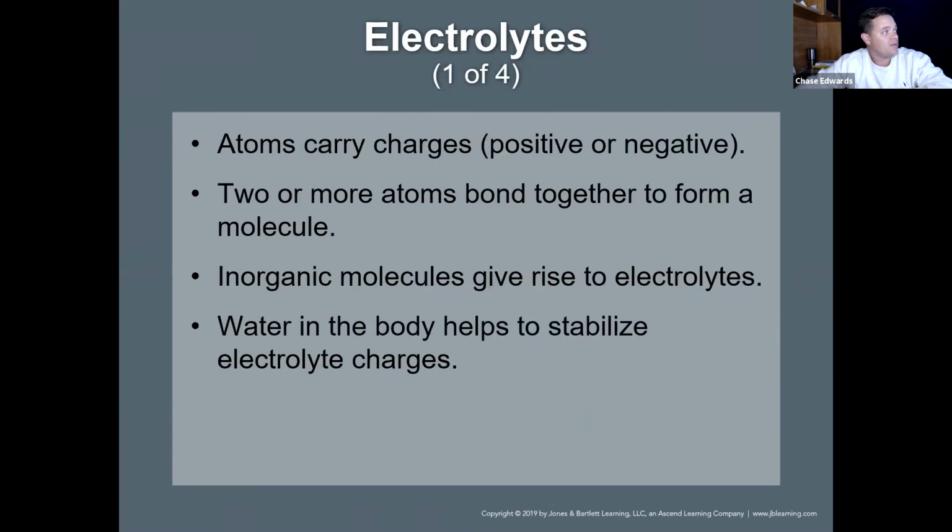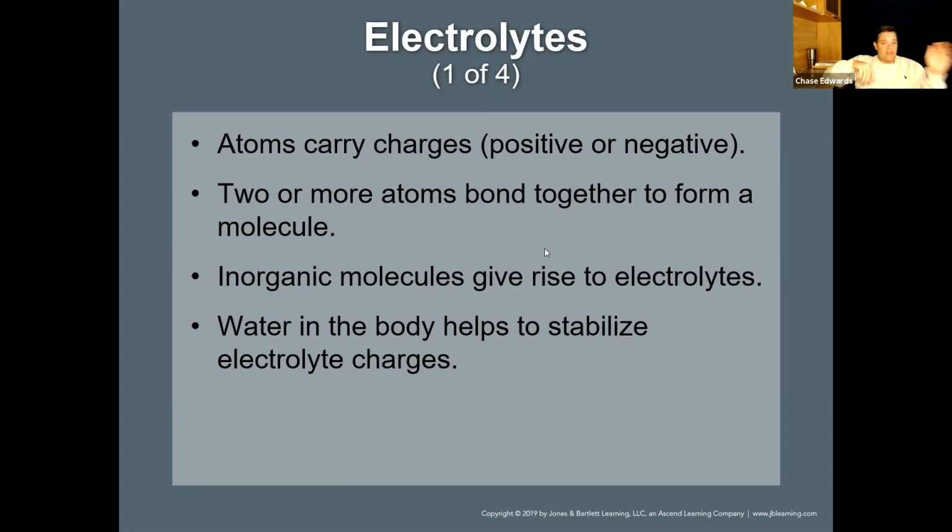All right, so sorry I went too far. So atoms carry charges, positive or negative. Two or more atoms bond together to form a molecule. Molecules containing carbon atoms are organic molecules. Molecules created without carbon are called inorganic molecules. Okay?